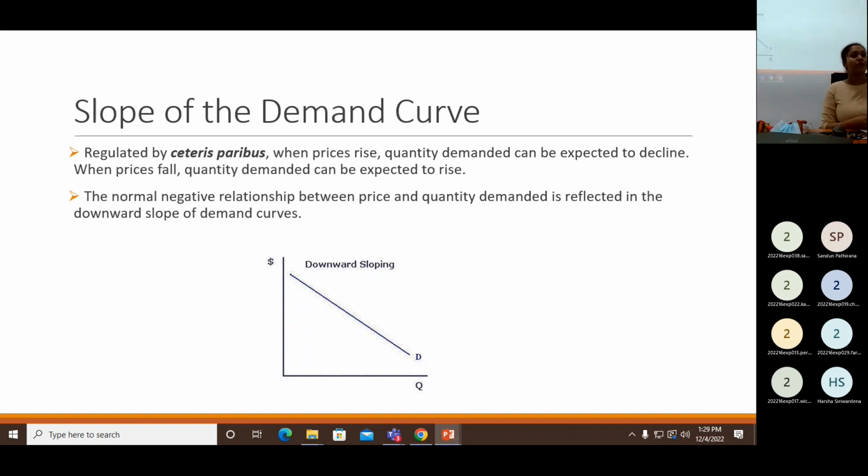If the price of a product increases, we naturally don't like to purchase it, so we will reduce the quantity demanded. But when the price of a product declines, we like to buy more of that product. That's a natural scenario, right? So there's a negative relationship between price and quantity demanded, and that is why the demand curve has a negative or downward sloping shape. Okay, so you have covered it earlier.